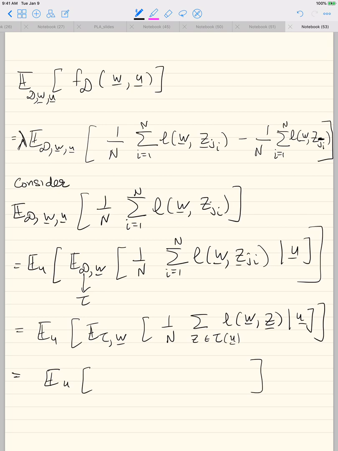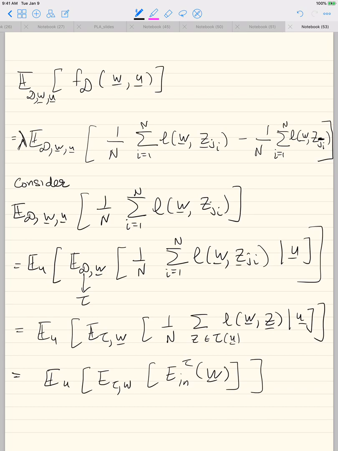So this quantity inside is just the training error with respect to the set tau, which is sampled IID. First there is a conditioning over u here. But if you just look at this particular quantity, tau has n training samples which are sampled IID according to P_Z, and we are taking the average error here.